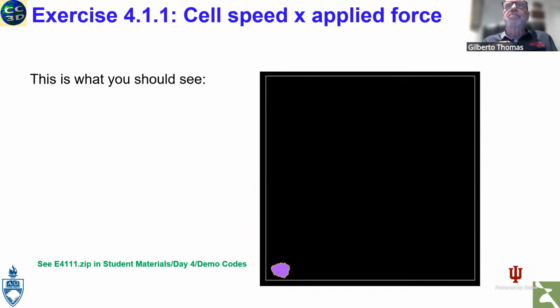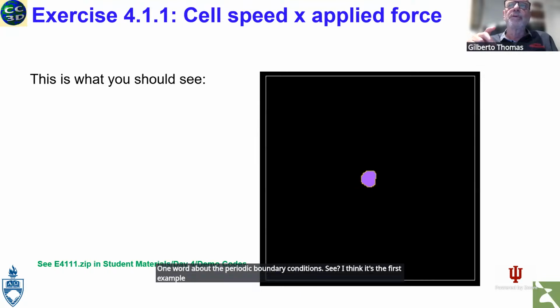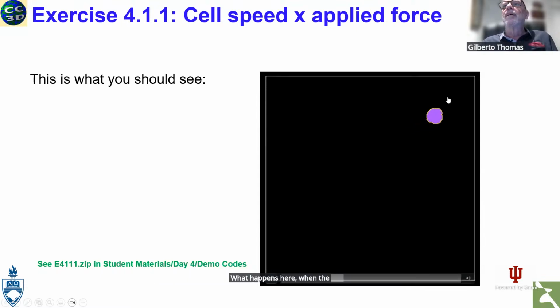One word about the periodic boundary conditions. I think it's the first example exercise you are doing using periodic boundary conditions. What happens here when the cell reaches the corner of the screen, it disappears and appears in the bottom left corner of the screen and continues motion as if nothing happened.